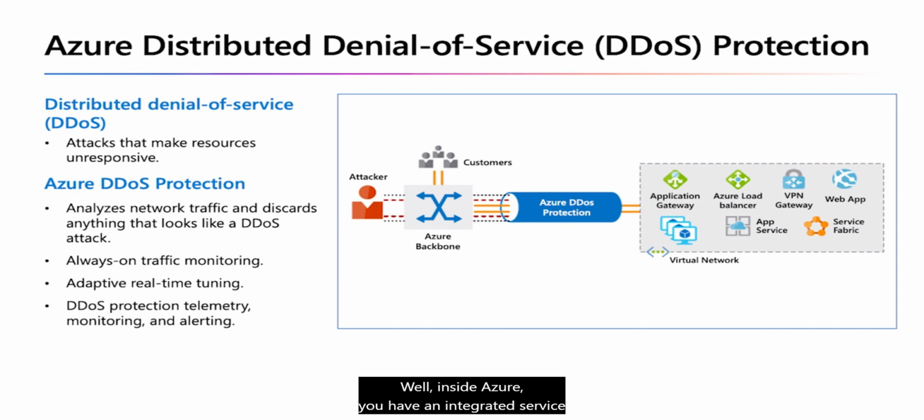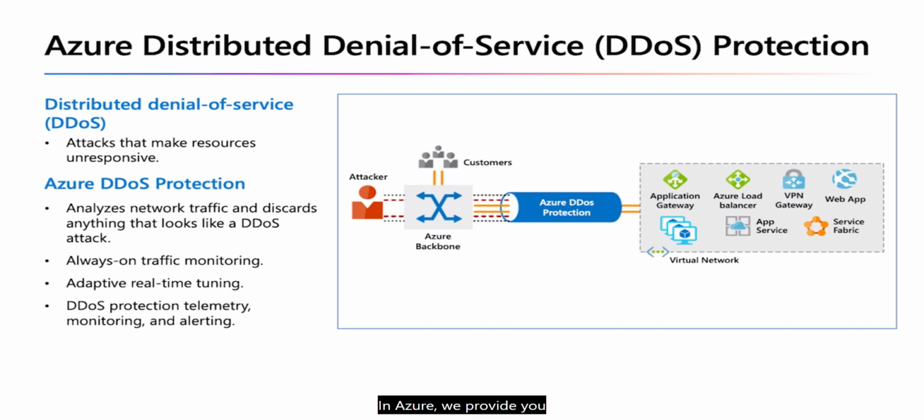Well, inside Azure, you have an integrated service to help you protect your organization against these malicious attacks. The way it works is that Azure monitors the traffic coming into your network. Once it recognizes an attacker, it automatically blocks his traffic, but leaves your network open to legitimate traffic, so there is no interruption of service for your users.